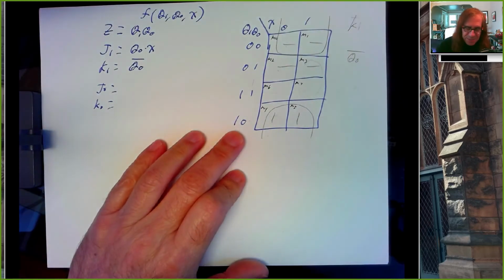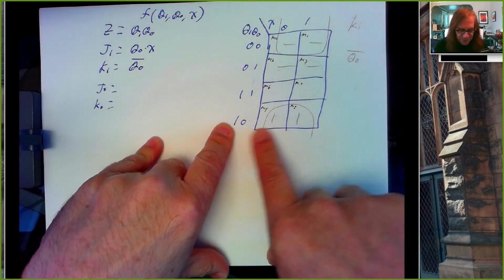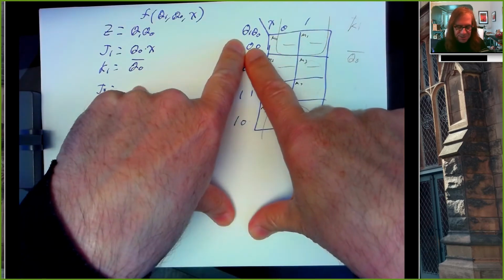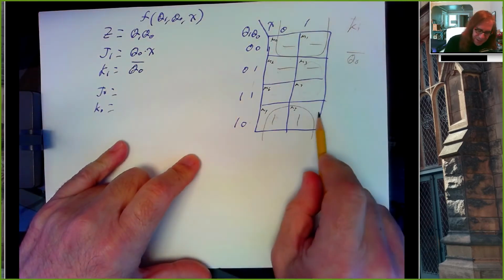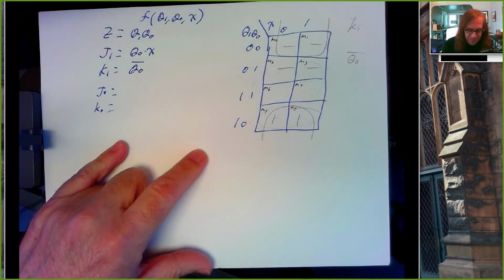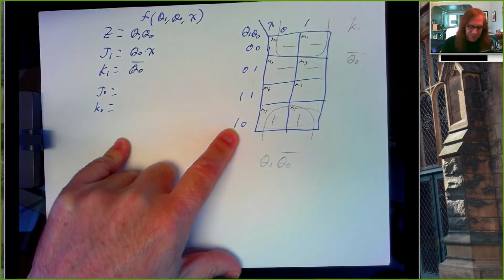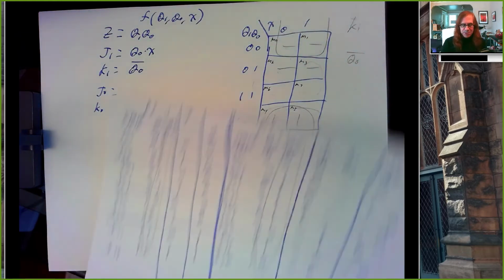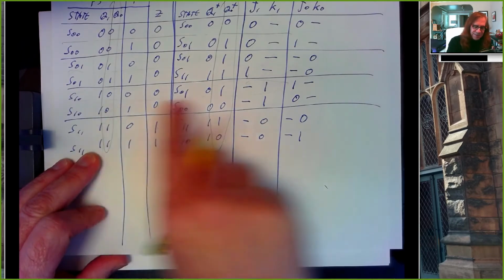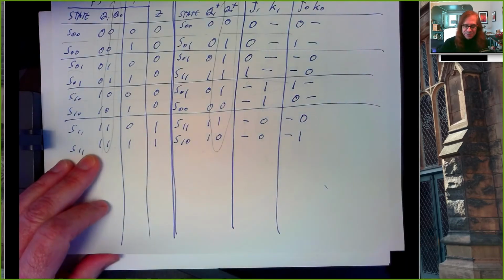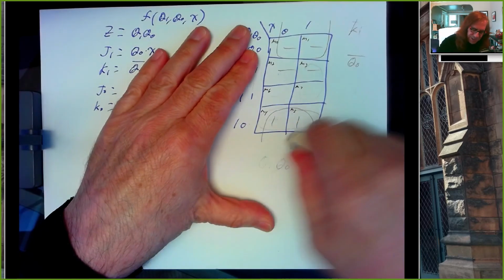And that comes out of the covering by looking at the fact that on these 2 spots, Q1 is a 1, but on these 2, Q1 is a 0. So Q1 doesn't factor in. Now if we had done a covering of just this, then we would have gotten Q1, Q0 not. And that would be another equation that would work. But we have to augment the Q1 with Q0 not to make those 1s and those zeros. All right, getting the idea?